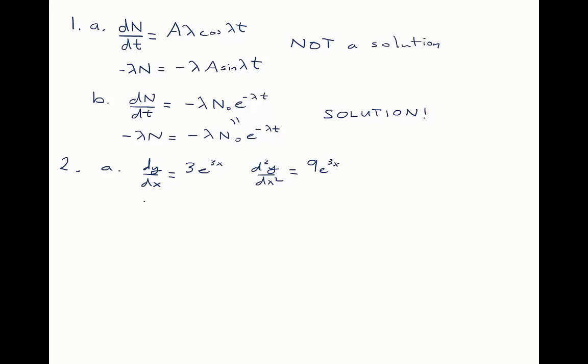And then we have to subtract from that, well, we'll be subtracting 9y. So what's 9y? 9y is minus 9e to the 3x. So we have 9e to the 3x minus 9e to the 3x. That equals 0. So it's a solution.